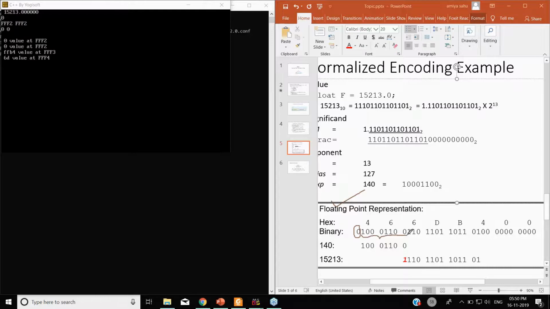10001100. This is the exponent. And the rest of this number, which is 23 bits of binary number, is called the fractional part.